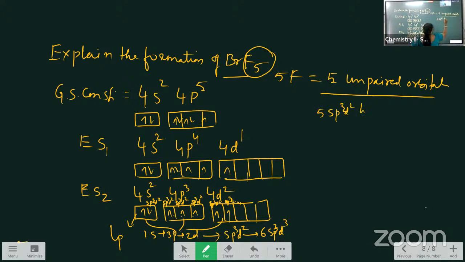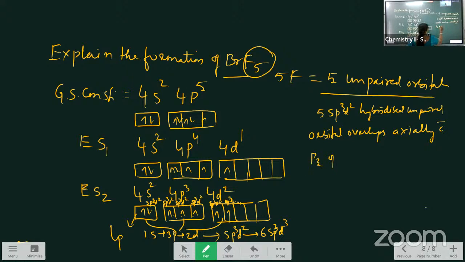Now this 5 sp3d2 hybridized unpaired orbitals overlaps axially with pz of 5 F atoms and forms 5 sp3d2-pz sigma bonds.